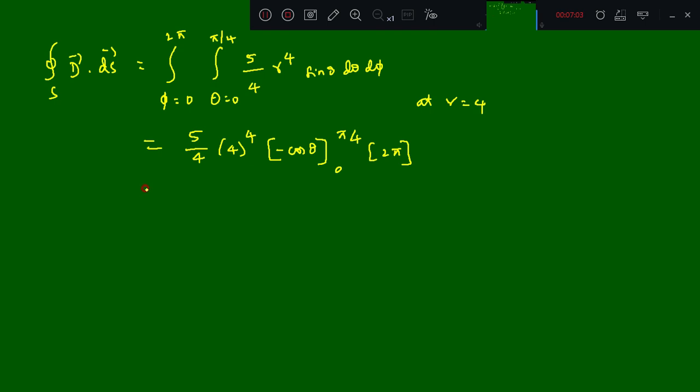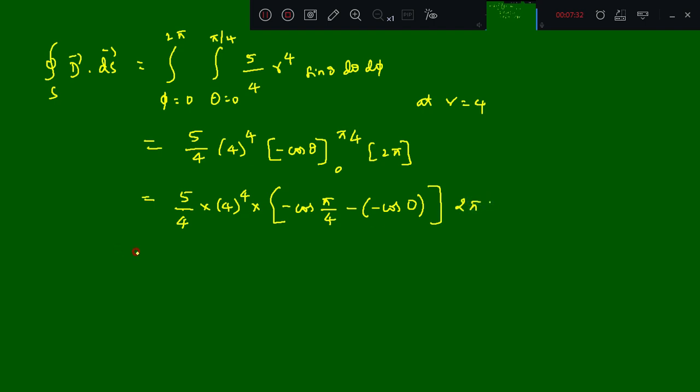So if you solve, you will get it as 5 by 4 into 4 raised to 4 into, this is minus cos pi by 4 minus of minus cos 0, into 2 pi.